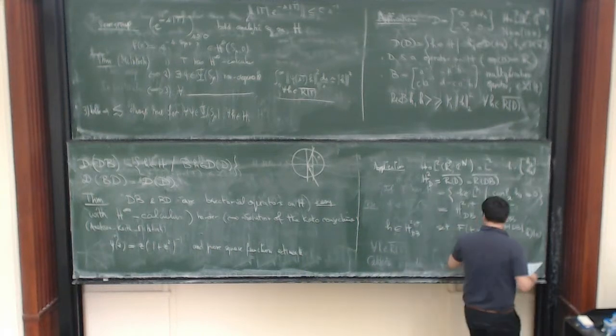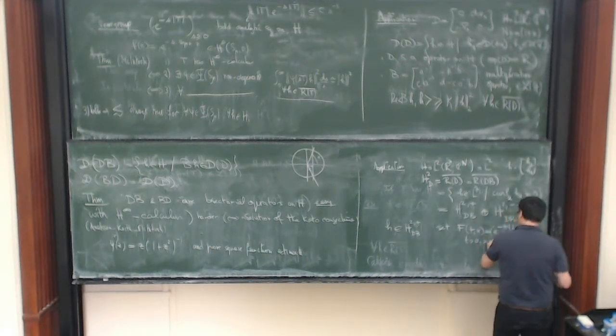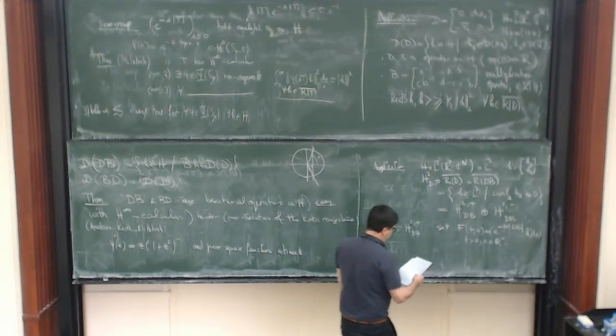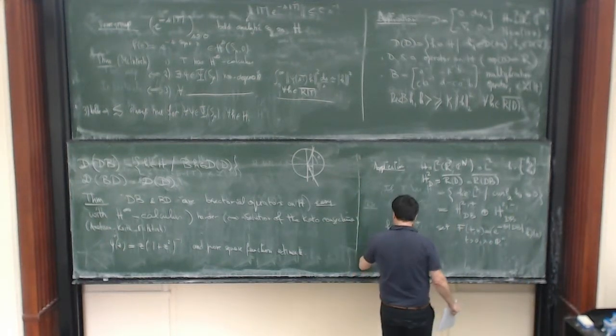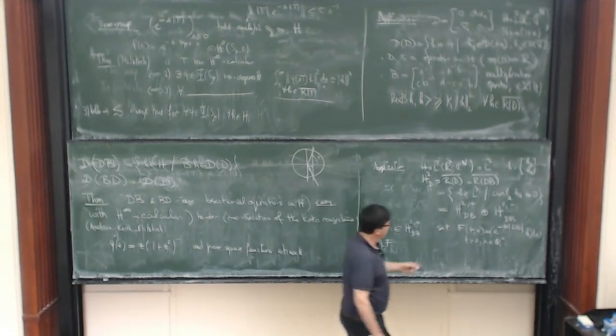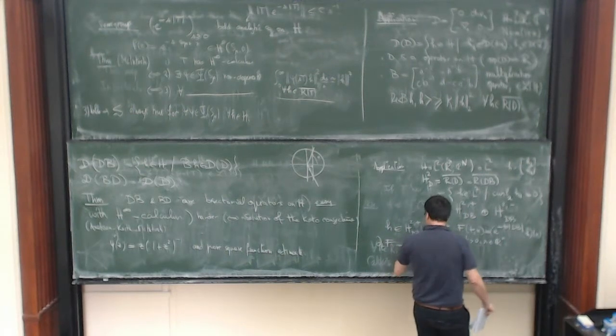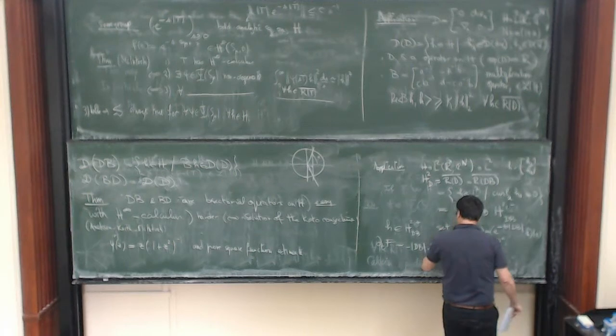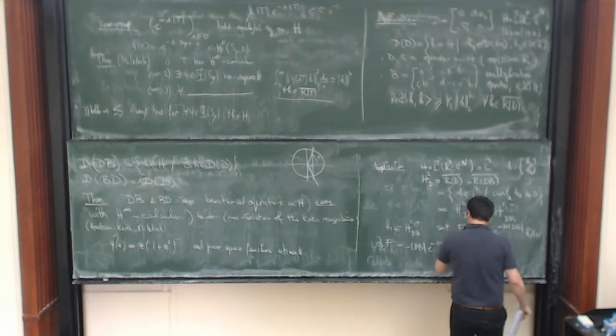Here t is positive, x is in R^n. Well, if you compute now d by dt of f, you can compute it in a strong sense if you want. You have this theorem, the group is analytic. It's minus mod dB, e to the minus t mod dB of h.